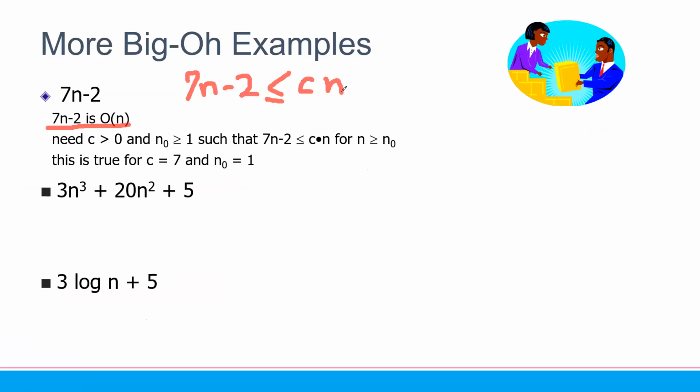And then you can derive this formula. So at the end, you will have C and N0. We should have positive numbers. So if you look at this formula, you need to have C equal to 7, and then you will have N0 equal to 1. Then the condition is true. So 7n minus 2 is O(n).